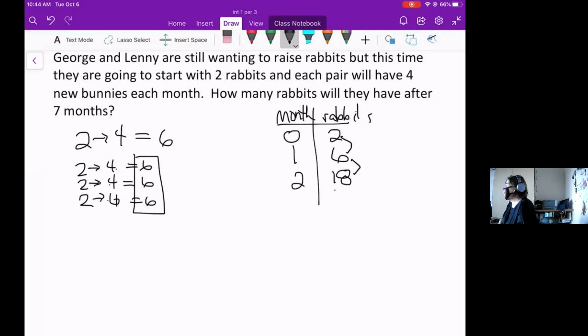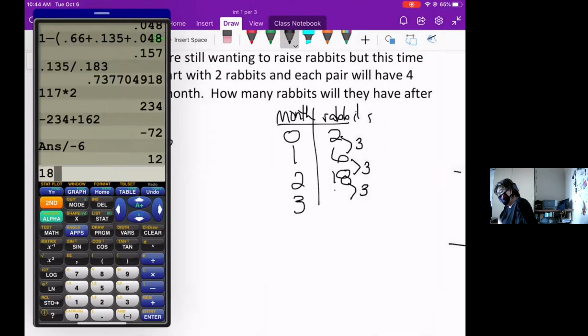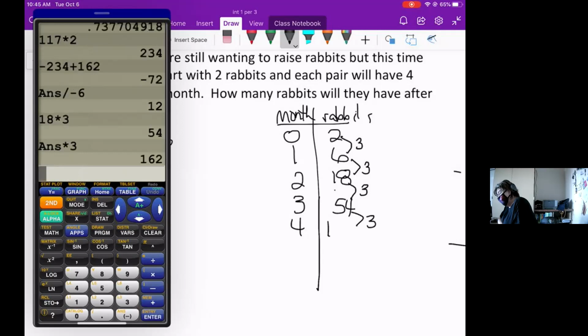So we talked about yesterday that these are exponentials. Exponentials multiply by the same value. So if I wanted to go to the 3 months, so this is times 3, times 3. I'm going to times this by 3. Okay. 18 times 3 is 54. Do it again, times 3, 162.